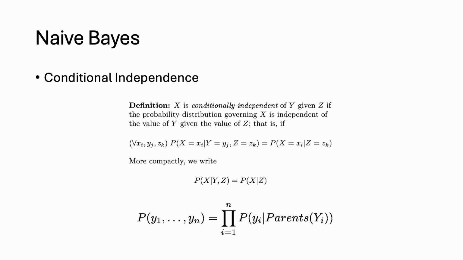Then the joint probability of all the variables A1 to An will equal the product of P of Ai given only the parents of Ai. This reduces the number of probabilities we need, since we only account for the parents of the variable we want to calculate.